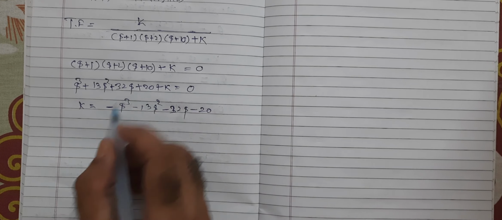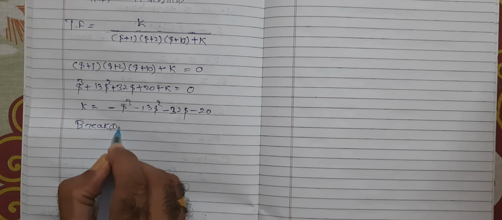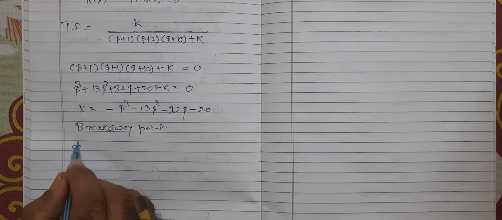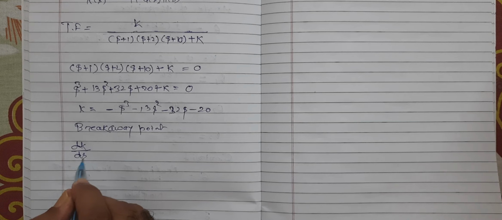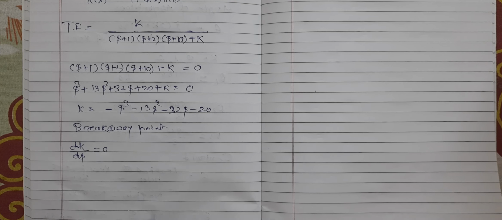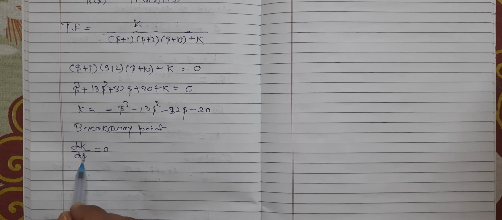Now to find out the breakaway points, the equation is dk/ds=0. Now we know the k. We will take the differentiation with respect to s.